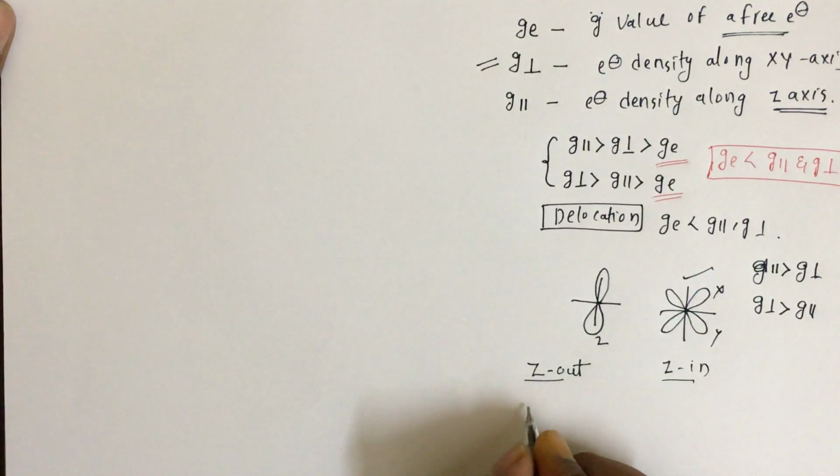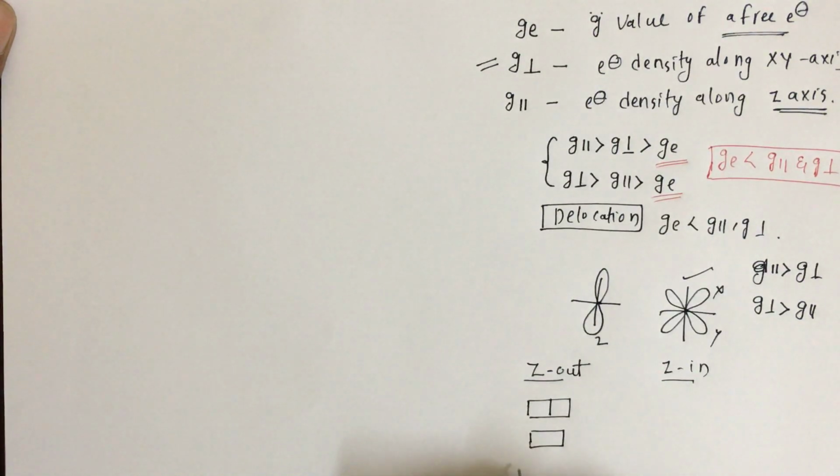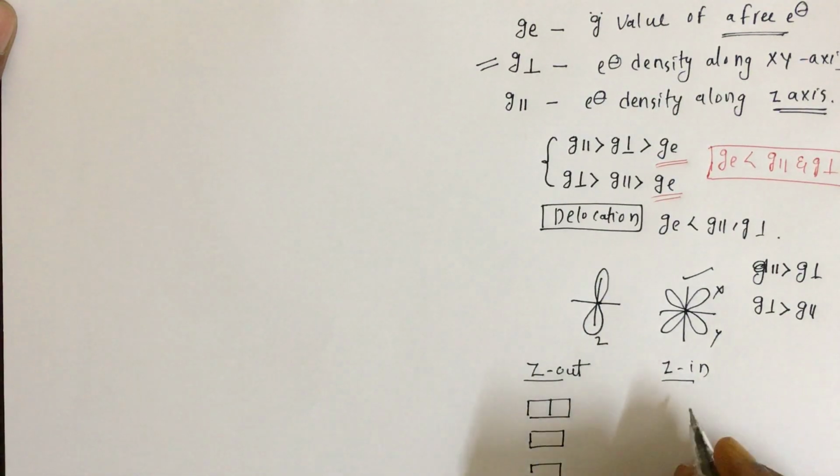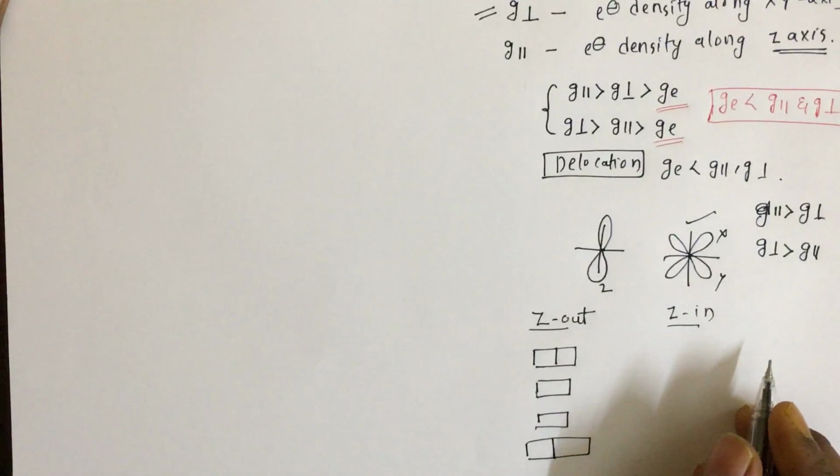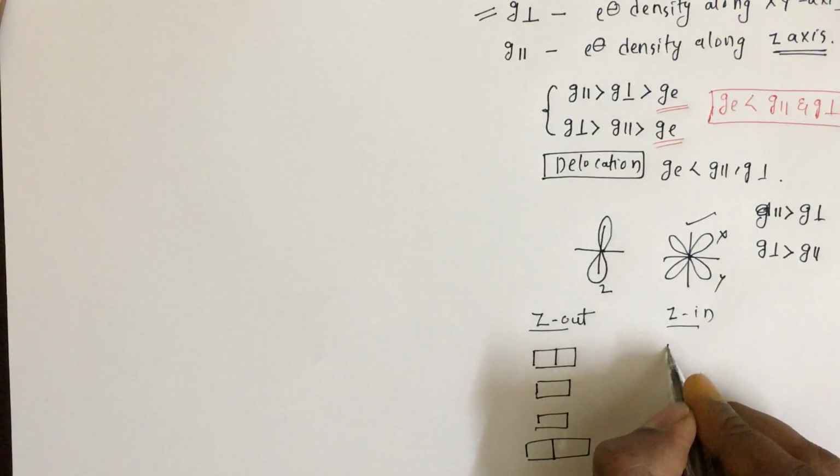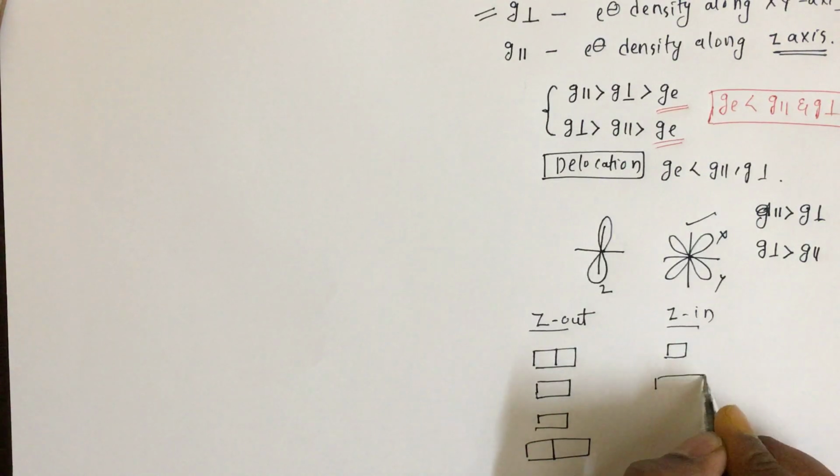In the Z out, the Z axis undergoes elongation. Because of that, the energy will be less. This is for Z out. And the Z in condition will be like this.